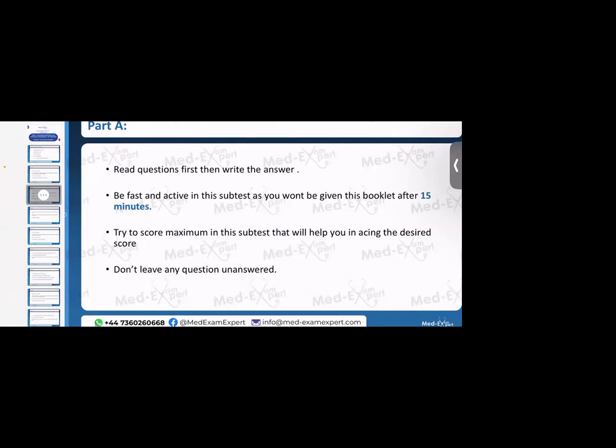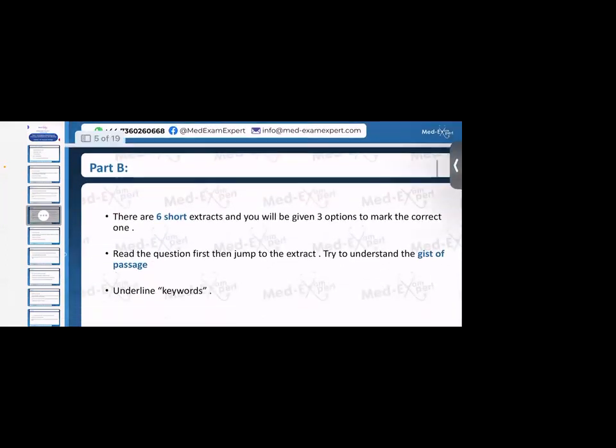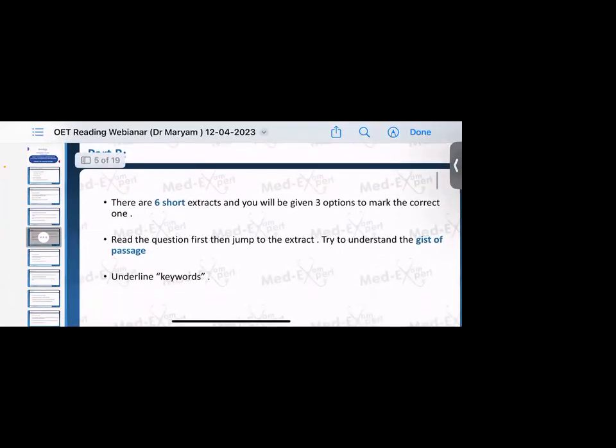Whatever you have understood, whatever you think is right, or even if it is wrong, please try to fill that blank, because it may give you an edge that maybe you are right and correct. So it can give you marks. So never ever leave anything unanswered.